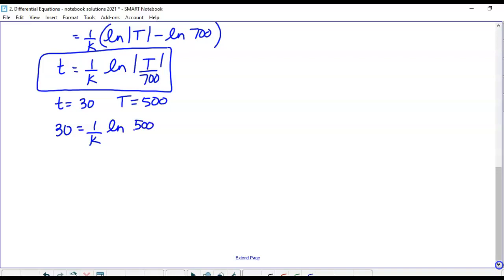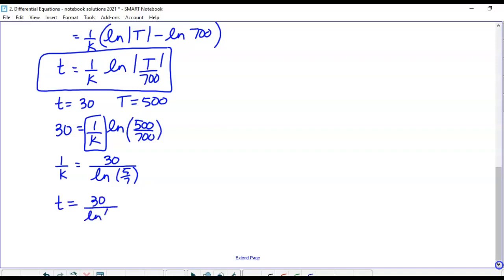So it's going to be 500 over 700, which is 5 over 7. And then actually what you could do here is solve for 1 over K. So that's 1 over K is 30 over ln of 5 over 7. So then therefore t is equal to 30 over ln 5 over 7.